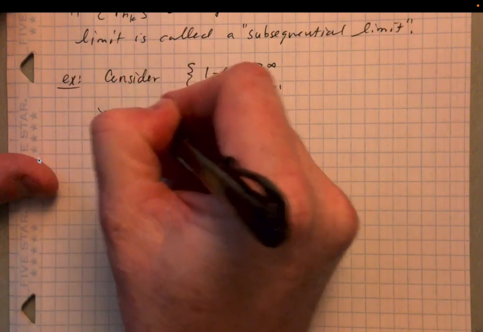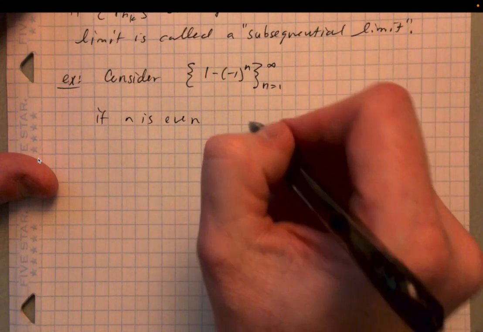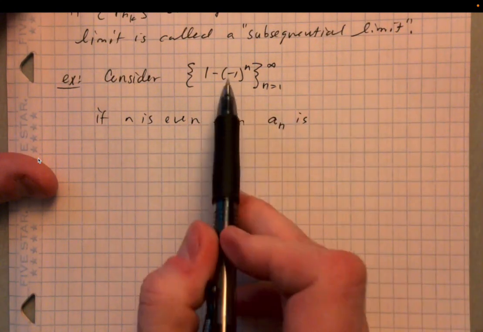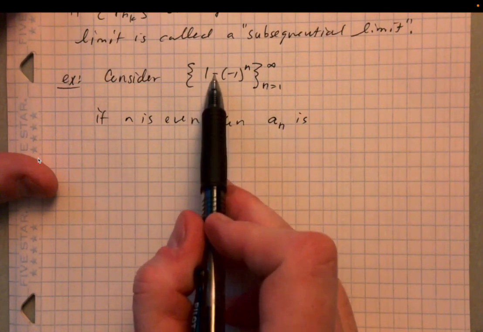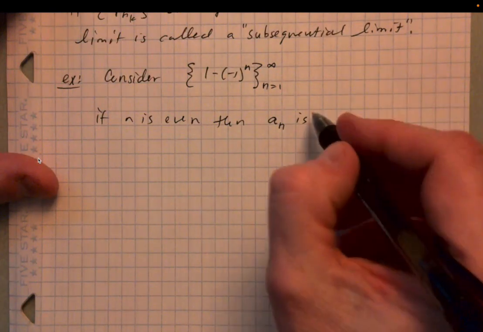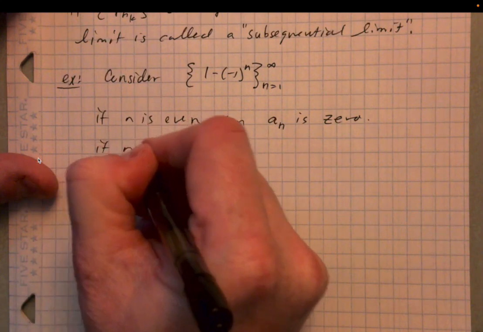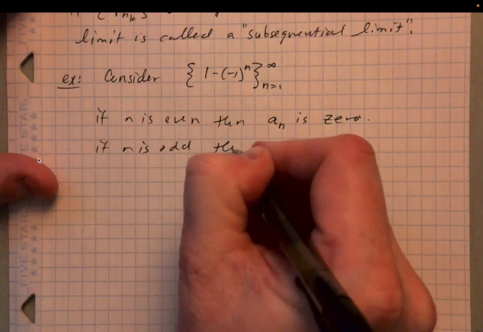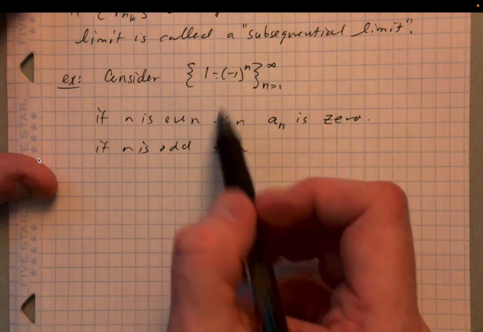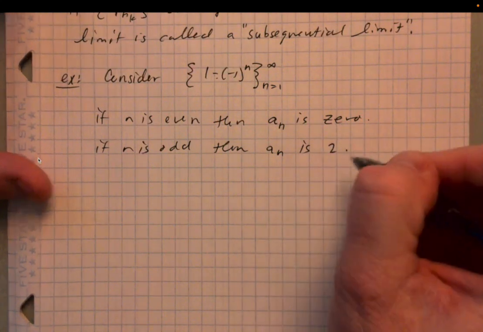So if n is even, then a sub n is what? Well, whenever n is even, you've got 1 minus 1, right? So whenever n is even, a sub n is equal to 0. And if n is odd, well, in that case, you've got 1 minus negative 1, so 1 plus 1. In that case, a sub n is 2.